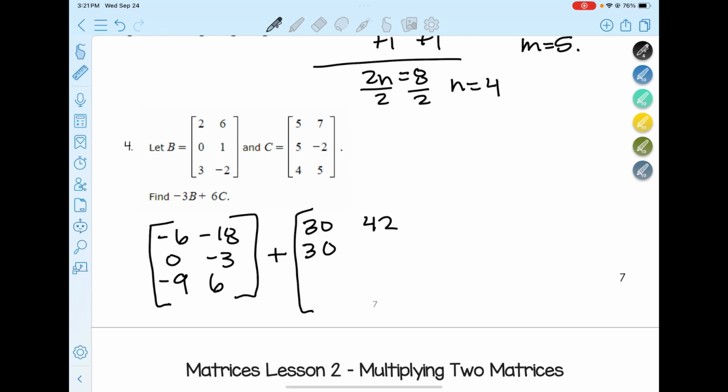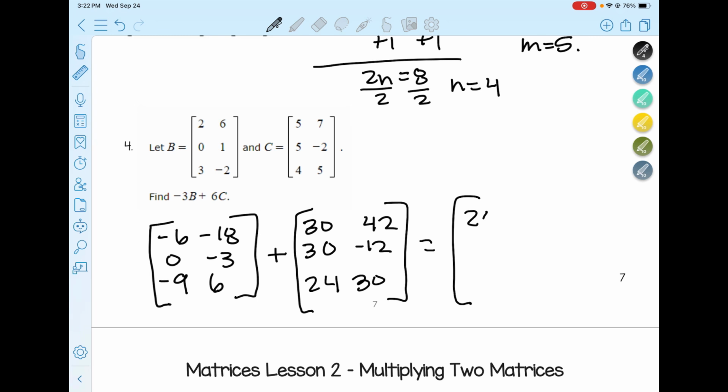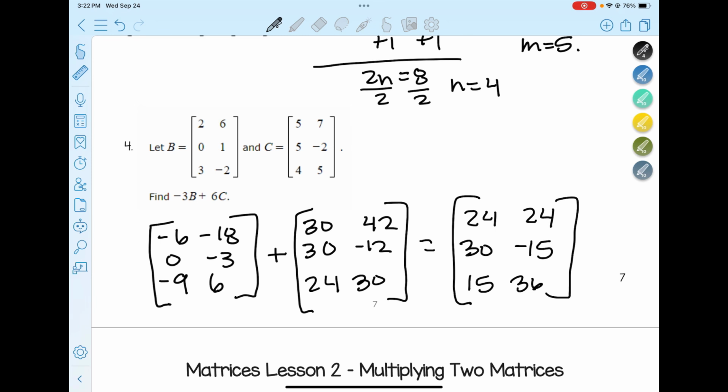And then 6 times -2 is -12. 6 times 4 is 24. 6 times 5 is going to be 30. So I can go ahead and add those together. When I do that, I get 24, 24, 30, -15, 15, and 36. Once you have that done, let's go ahead and go to the next page.